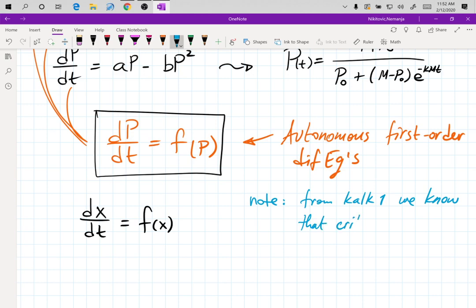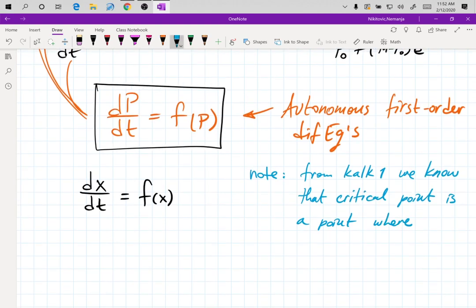that a critical point is a point x equals c, where f prime of x is equal to 0, or f prime of x DNE, does not exist.